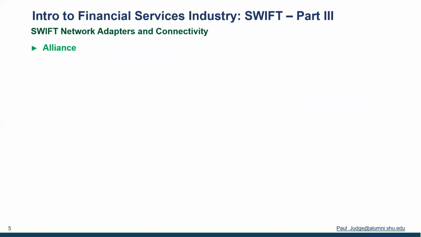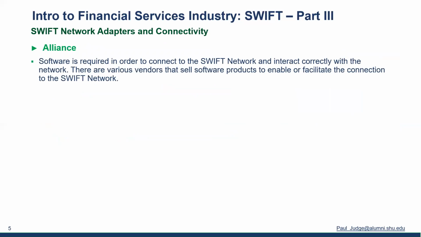So again, Swift has a family of products called Alliance. There are other vendors out there that sell adapters, but for the purpose of this conversation, I'm only really going to talk about Alliance. Alliance is the family of connectors that's sold by Swift. And the advantage of using Alliance is because it comes from Swift and it's supported by Swift, you know it's going to work with the Swift network.